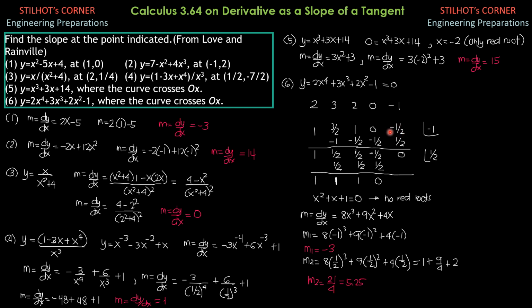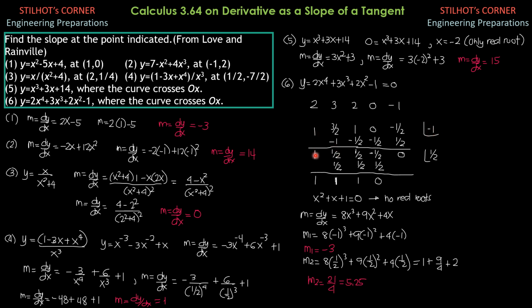Remember from algebra, the possible roots are factors of this constant term, which are 1 half, 1, negative 1, and negative 1 half. So that's all. I'll try negative 1 first.